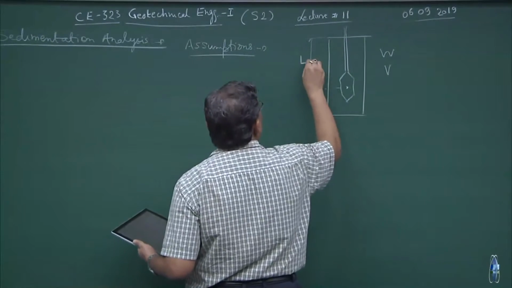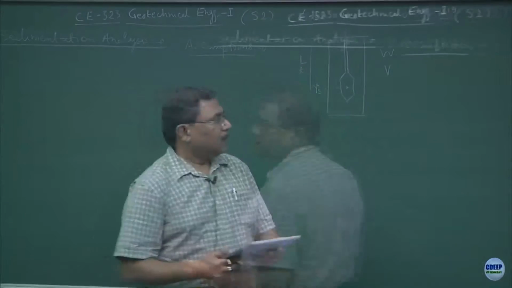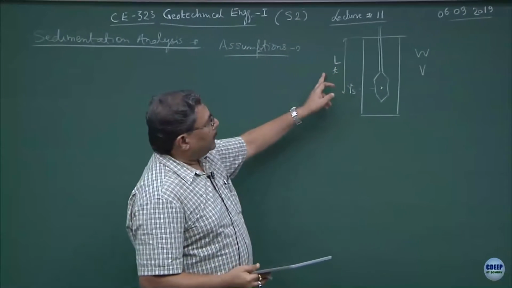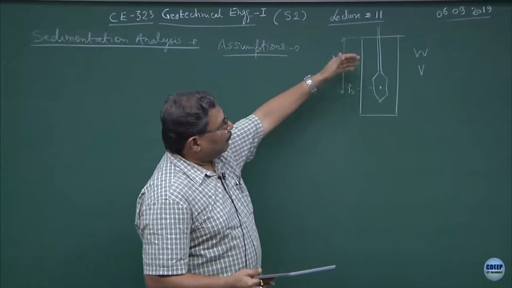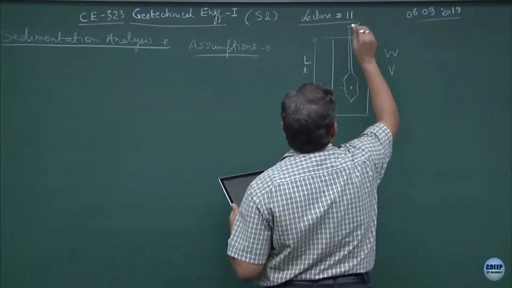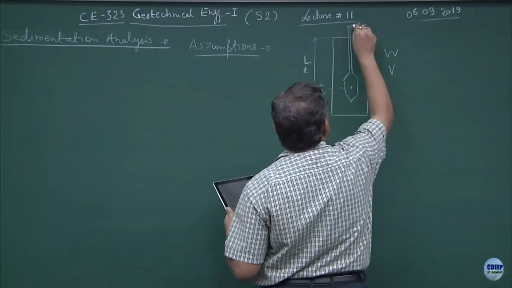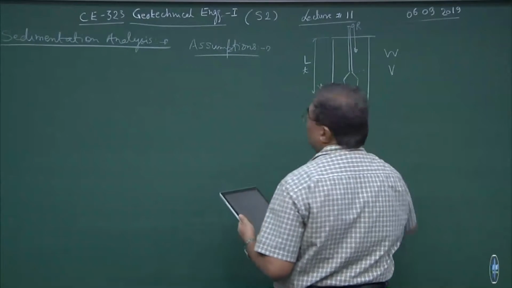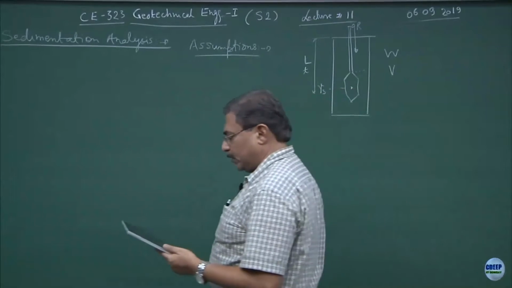The length time is known because every subsequent time you keep on finding out the readings, which are depicted as hydrometer reading R. Normally R increases from 0 to some number depending upon the type of hydrometer you are using.